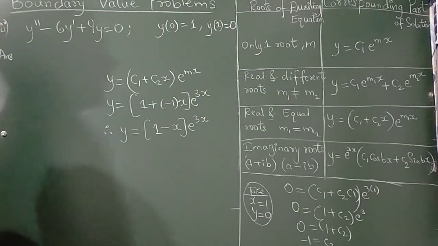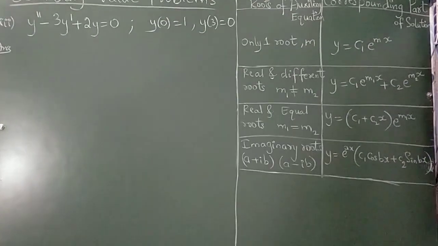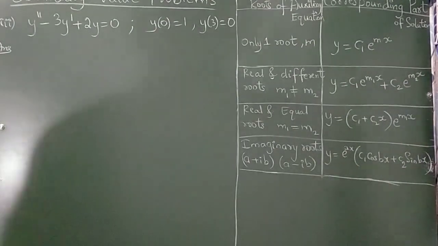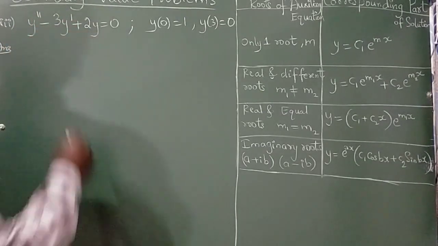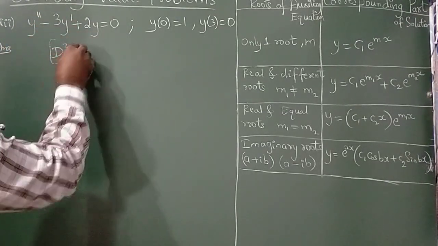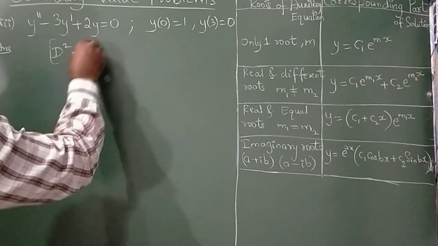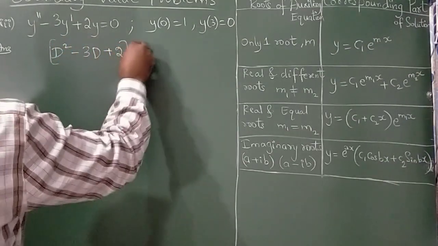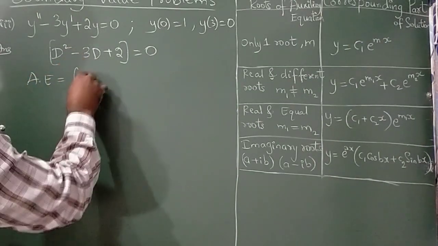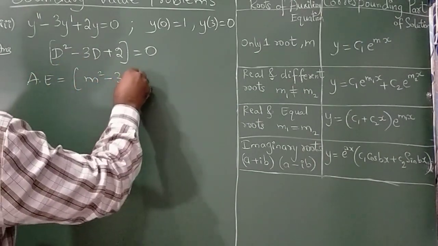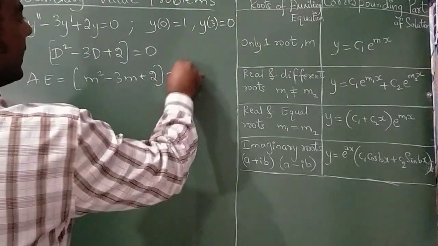So let's move on to the next one. Now third question, y double dash minus 3y dash plus 2y is equal to 0. Now this can be written as d square minus 3d plus 2 is equal to 0 in the auxiliary equation form, so you must write like this. Now you need to factorize this.